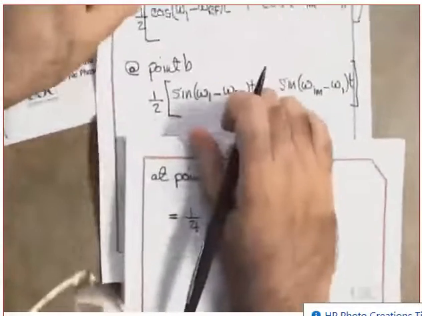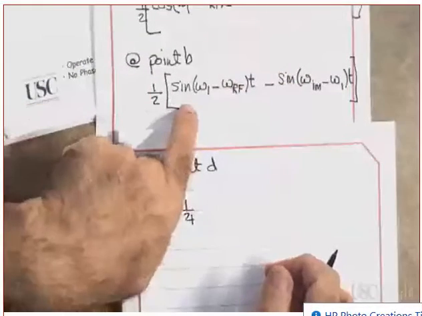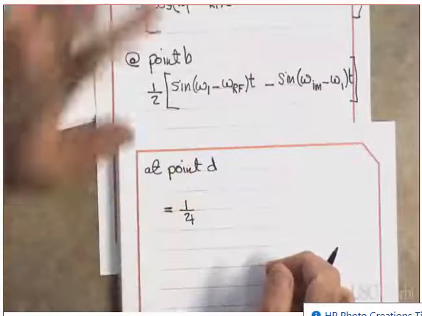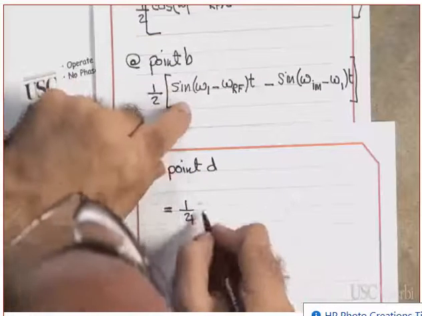Okay, which is fine. What am I multiplying with the sine? Sine, sine is cosine. So what do I have?